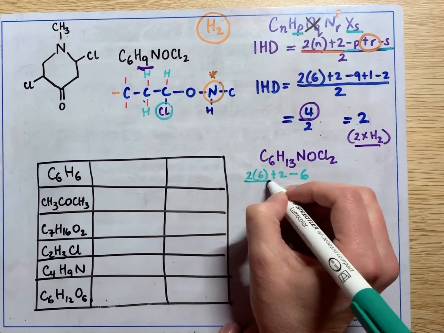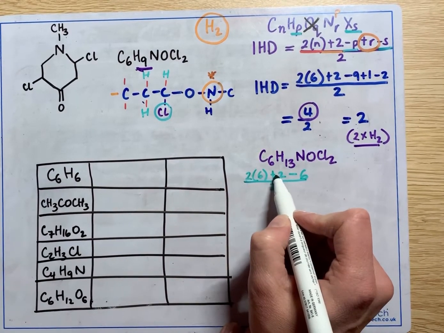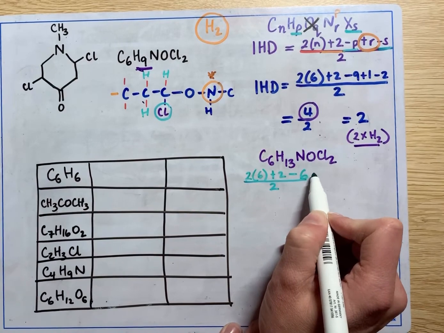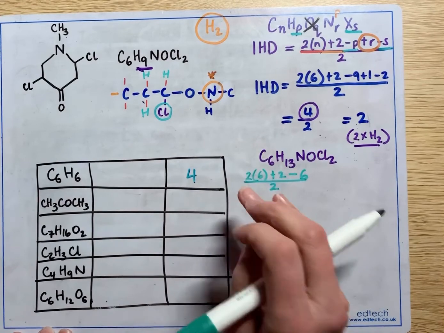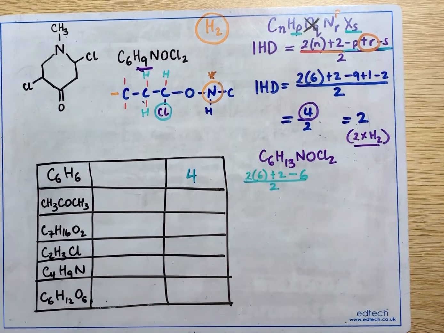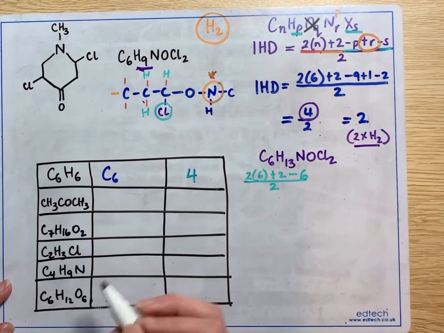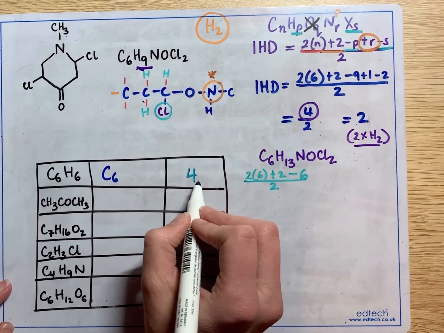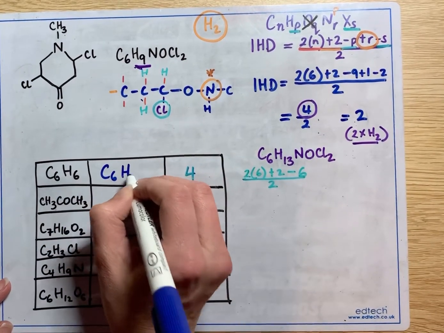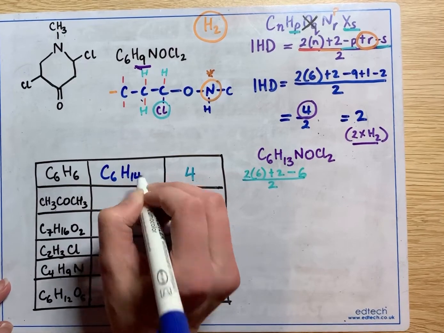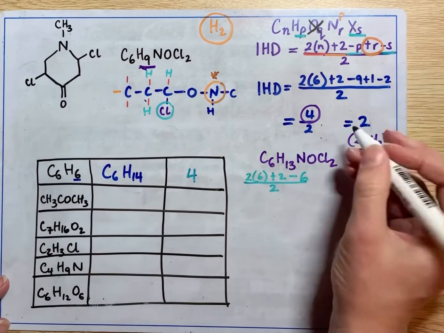And then the whole lot over 2. 2 lots of 6 is 12, plus 2 is 14, minus 6 is 8, over 2 is 4. So that's our index. So that means when we write our formula here, we still have 6 carbons, that doesn't change, but now we have 4 molecules of hydrogen, or we have 8 extra hydrogen atoms. And that's the 6 here, plus really this top number.